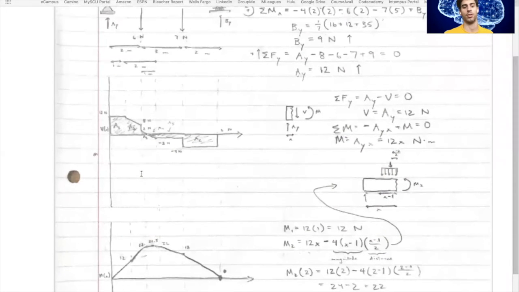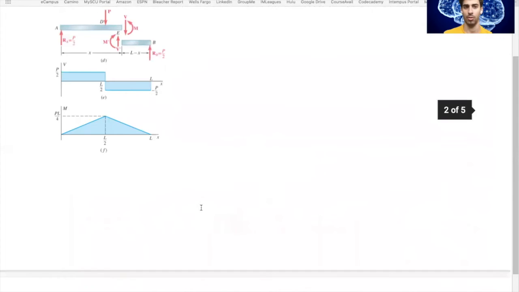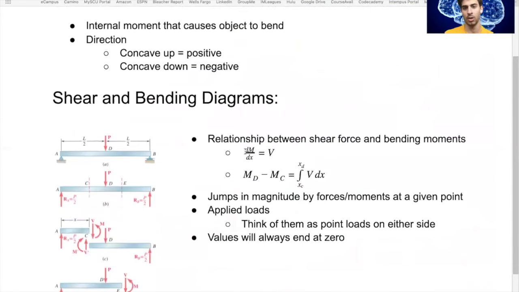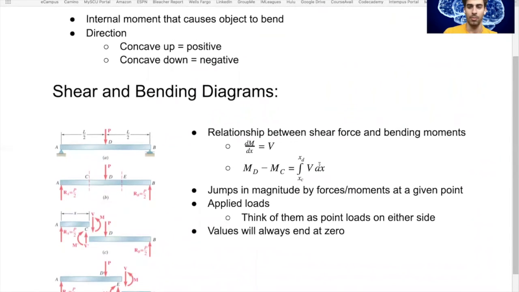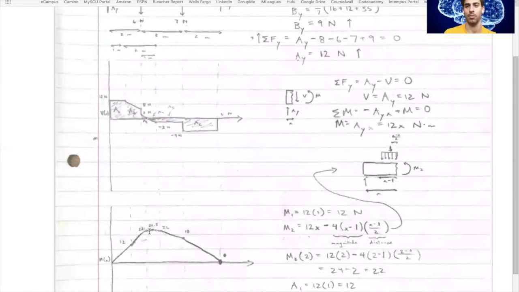And then something interesting to note here with the moment diagram. As we mentioned earlier, you can essentially think of the moment as the integral of V dx. So it actually is a parabolic relationship. Since this is linear, this is parabolic.